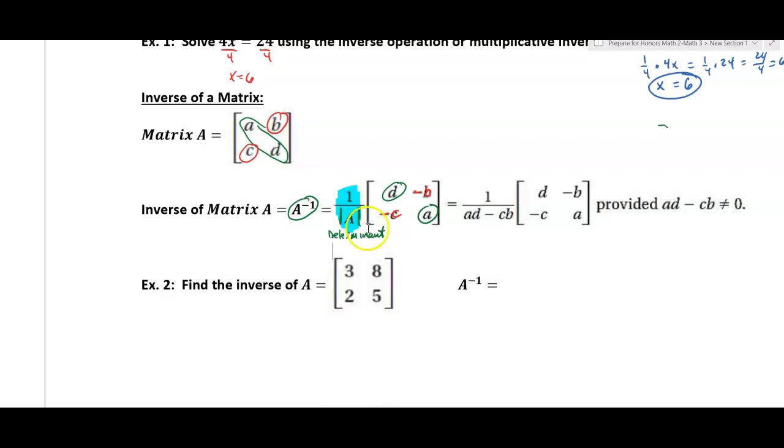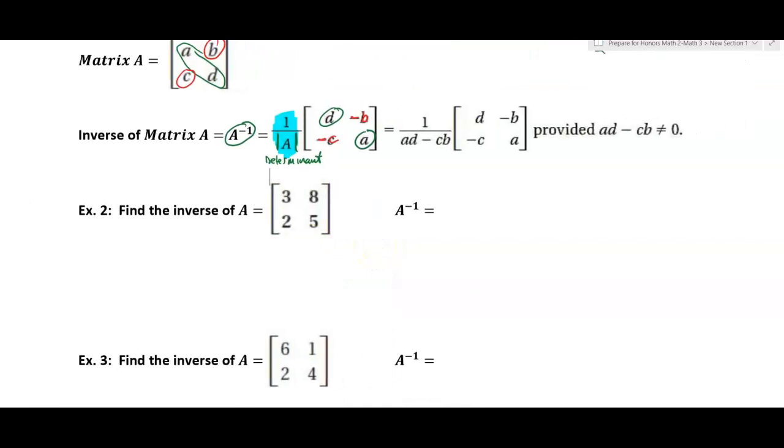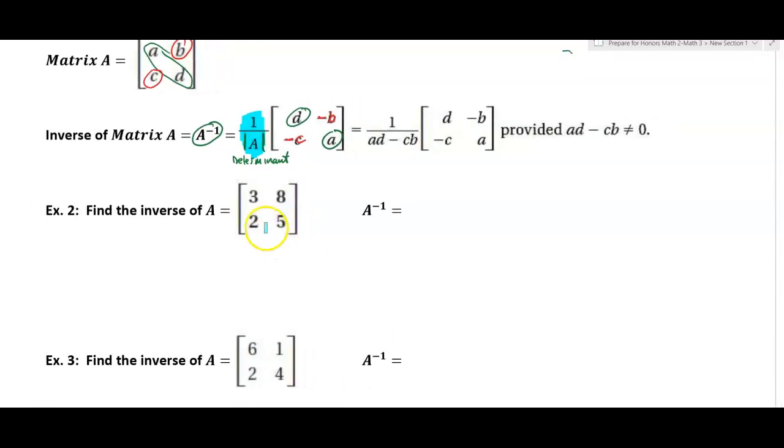Now let's look at an example here. If I wanted to find the inverse of matrix A, the first thing I'm going to do is find the determinant of A. That's going to be 3 times 5 minus 2 times 8. All I did was multiply these and subtract.